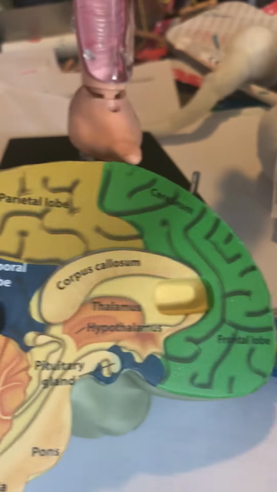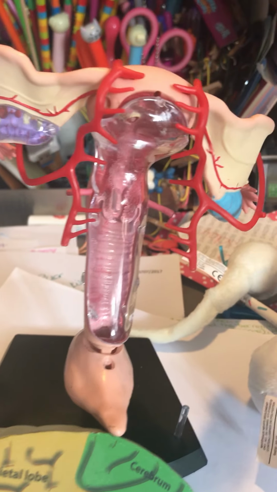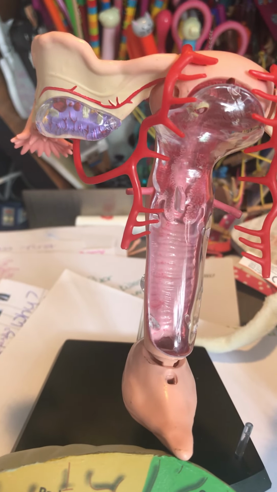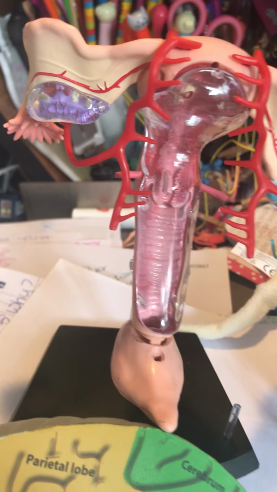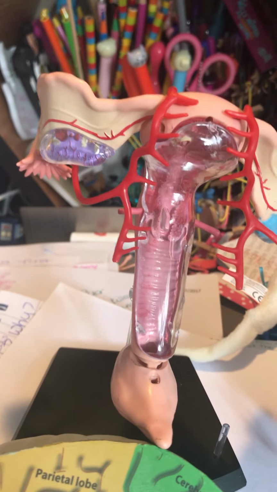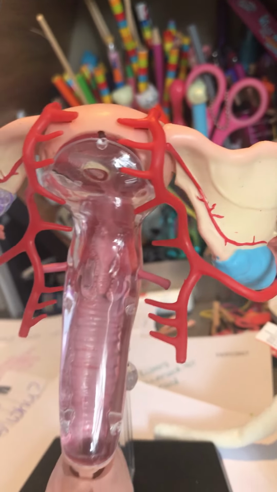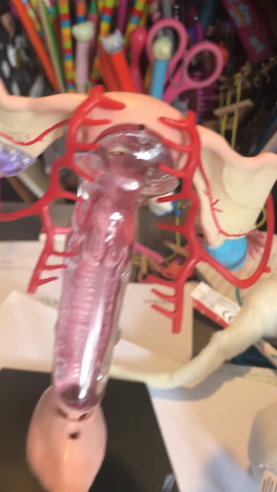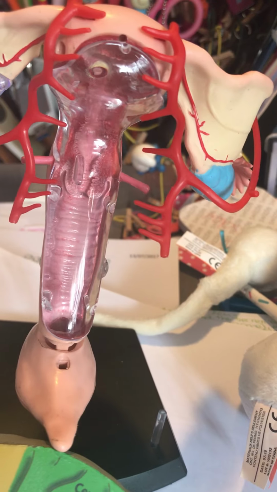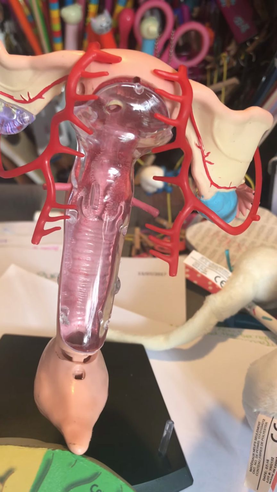The pituitary gland also regulates and initiates progesterone. That again works with the regrowth of the endometrial tissue inside the uterus, and it regulates the menstrual cycle as well.